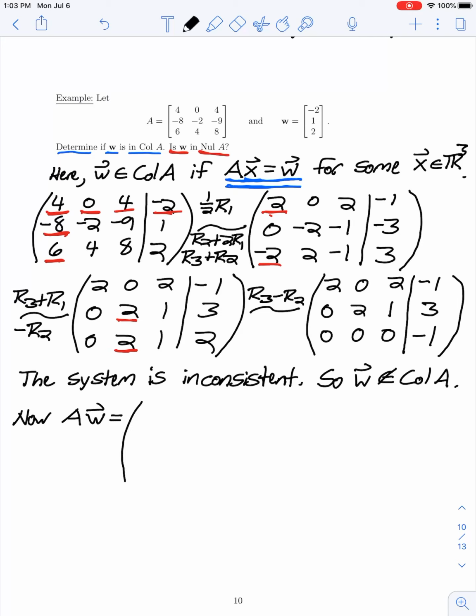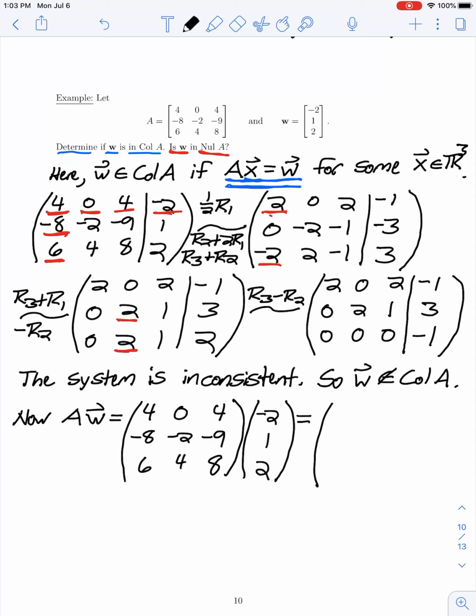So that is the matrix 4, 0, 4, negative 8, negative 2, negative 9, 6, 4, 8, and we're multiplying by w, which is negative 2, 1, 2.